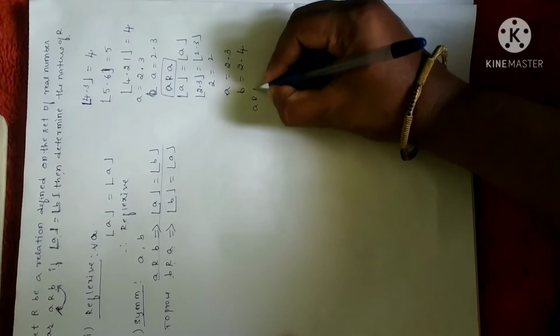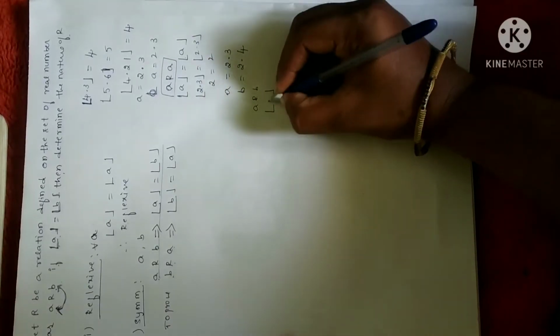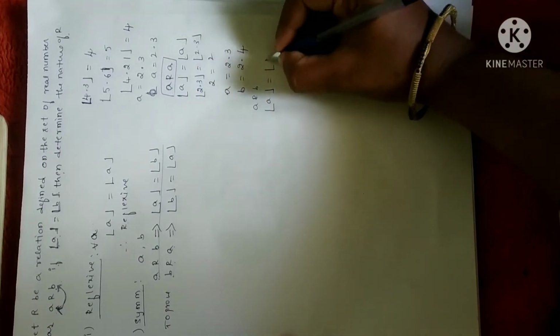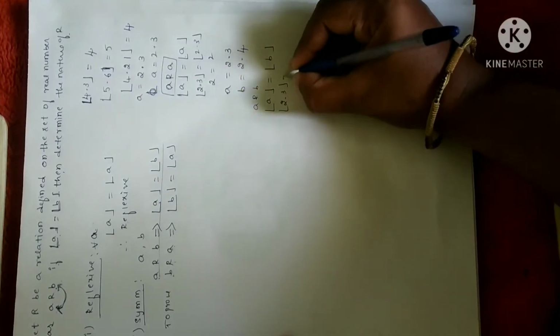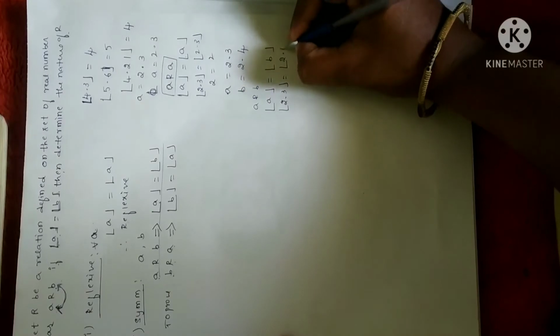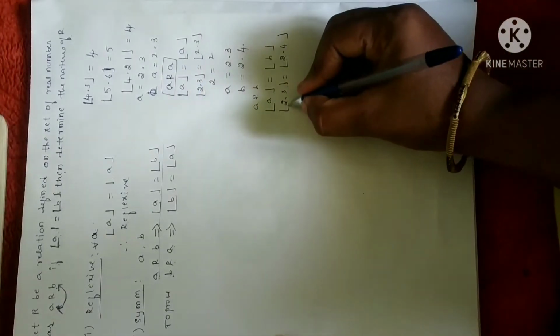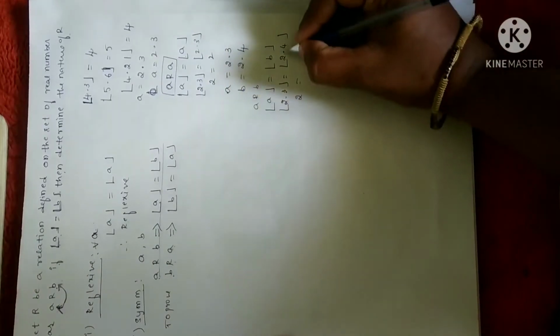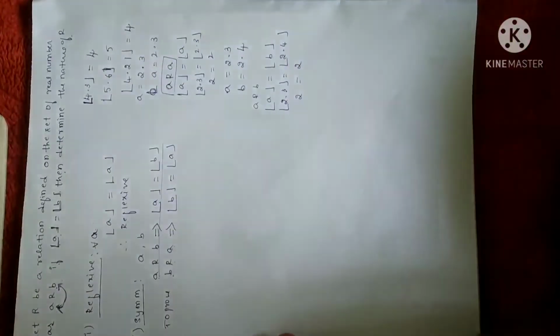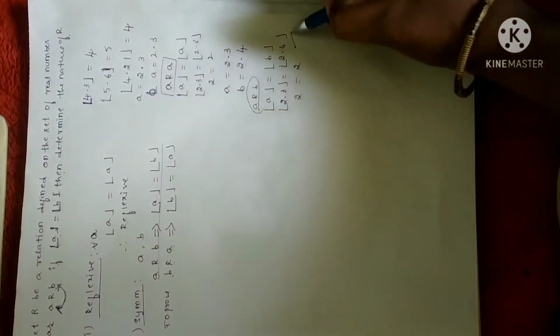Is A related to B? First I have to check whether the floor of A is equal to the floor of B. Now the floor of 2.3 and the floor of 2.4. As per the definition of the floor function, the floor of 2.3 is 2, and the floor of 2.4 is also 2. So A is related to B, it is true.